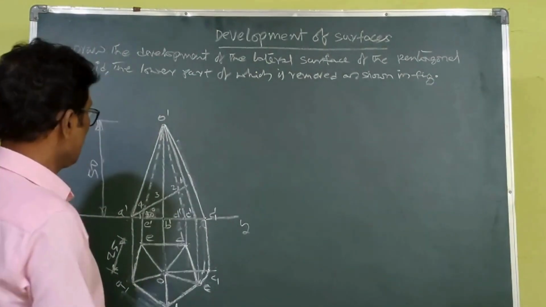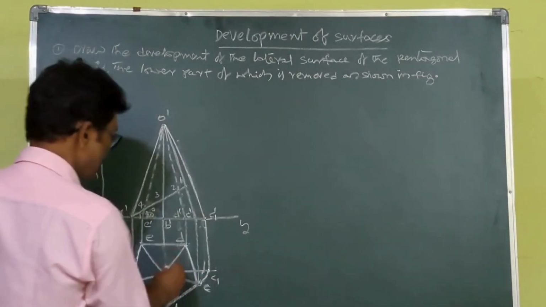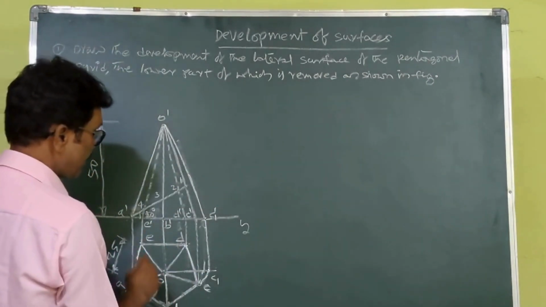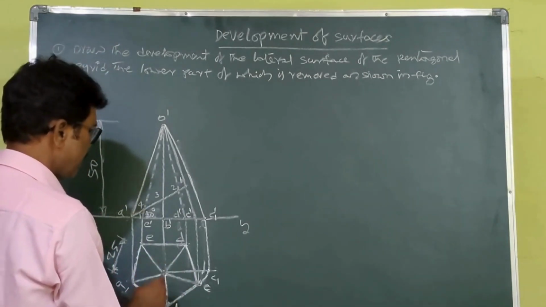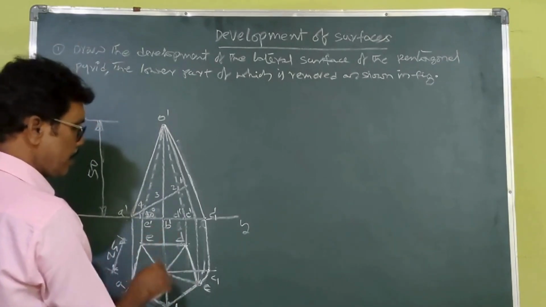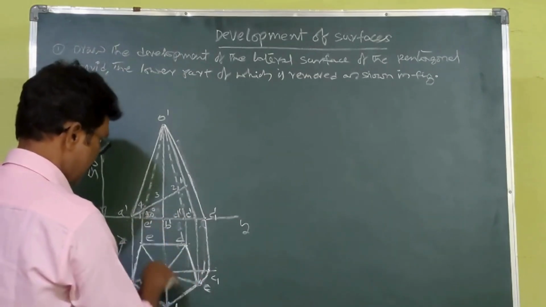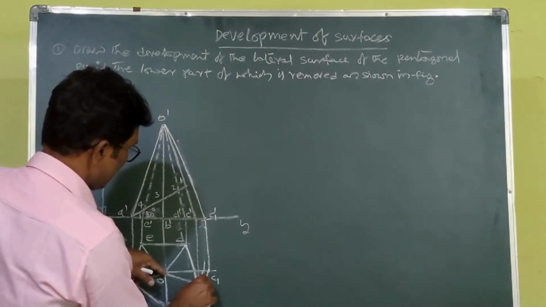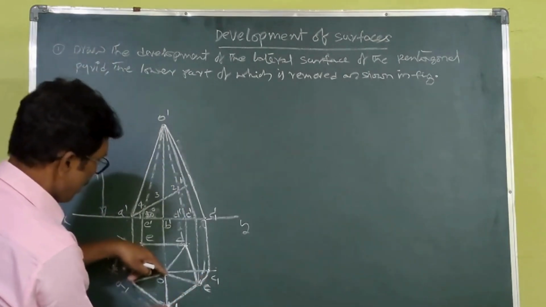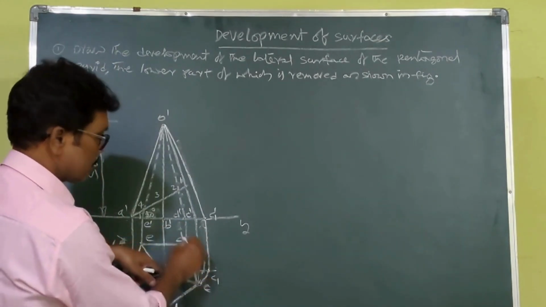Now, we know how to draw the pentagon, hexagon or square. They fit in a circle. If you take a radius and draw the circle, all these corners are touching that circle. We know that.